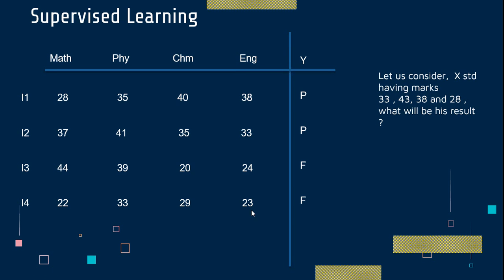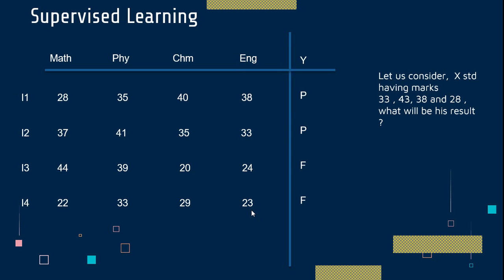My hypothesis says that if the student has a mark less than 28, he will definitely come under the fail category. So to prove this hypothesis, you require the data set. That whole data set is called the training data set. You can select any machine learning algorithm, and you have your hypothesis.